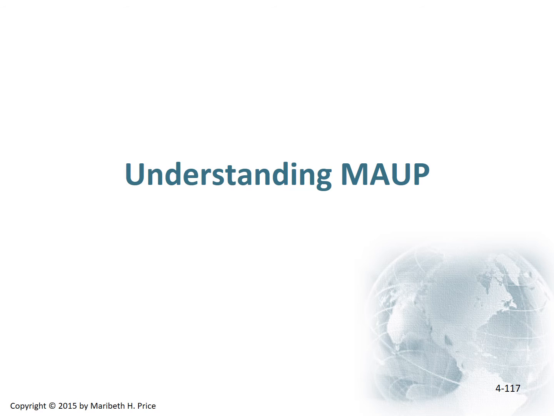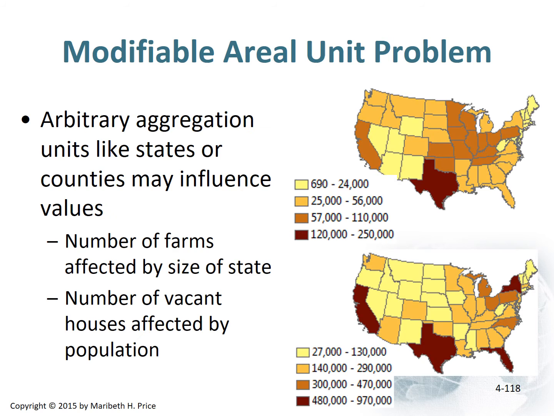Takes us to a little problem we come across sometimes, the modifiable area unit problem. You need to know what it is. You need to understand it. It's when we have arbitrary aggregation units like states and counties and how that can influence the numbers and the things that we map. The number of farms, for example, is affected by the size of the state. So the number of farms isn't that terribly useful, but we can normalize it to number of farms per acre, and then we can work around some of that.